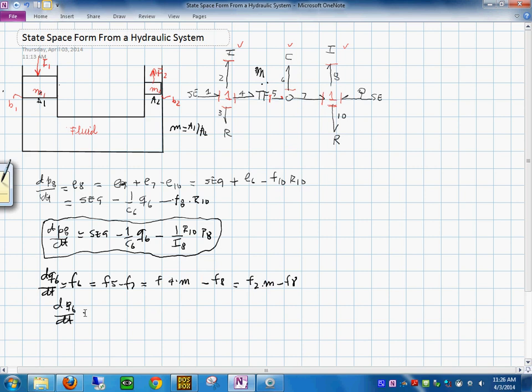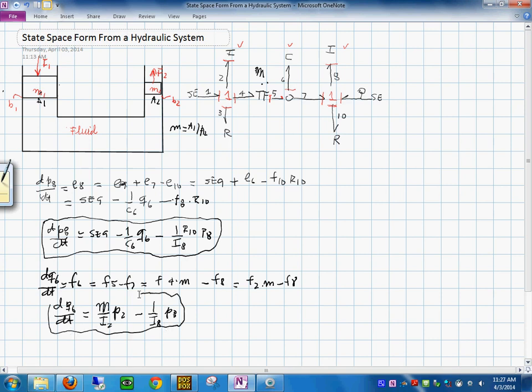The dQ6 dt is going to be F2, which would be 1 over I sub 2 P sub 2 times the M in here, minus F sub 8, which would be 1 over I sub 8, and then P sub 8. And that is equation number 2.